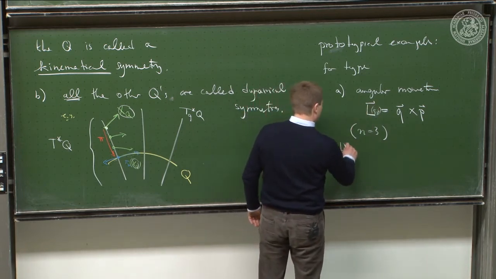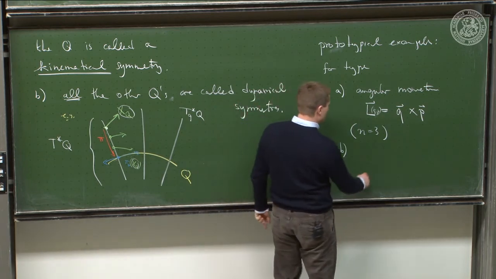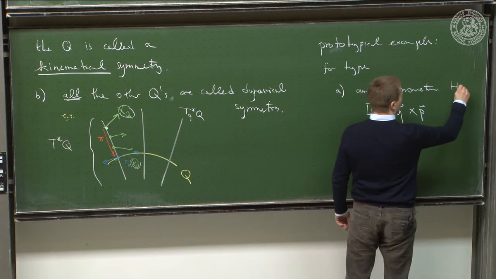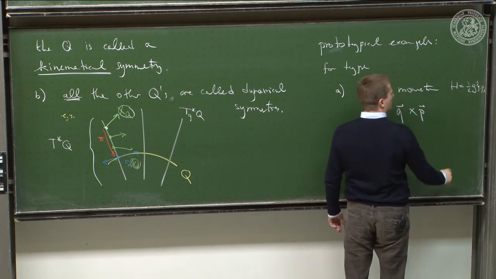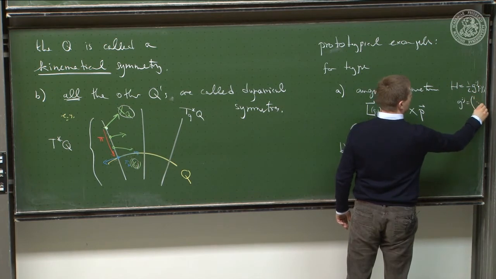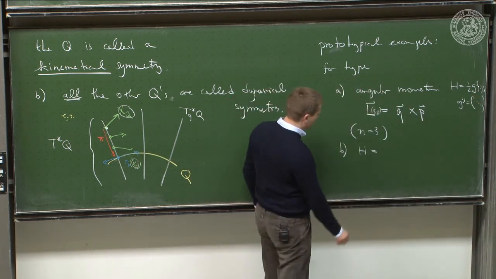That's this. And a prototypical example for type B is if you have a Hamiltonian, this is certainly only if the Hamiltonian, say, is 1/2 Gij Pi Pj, and the Gij in the chosen coordinates is, well, I shouldn't say unit, it's the Sylvester form.